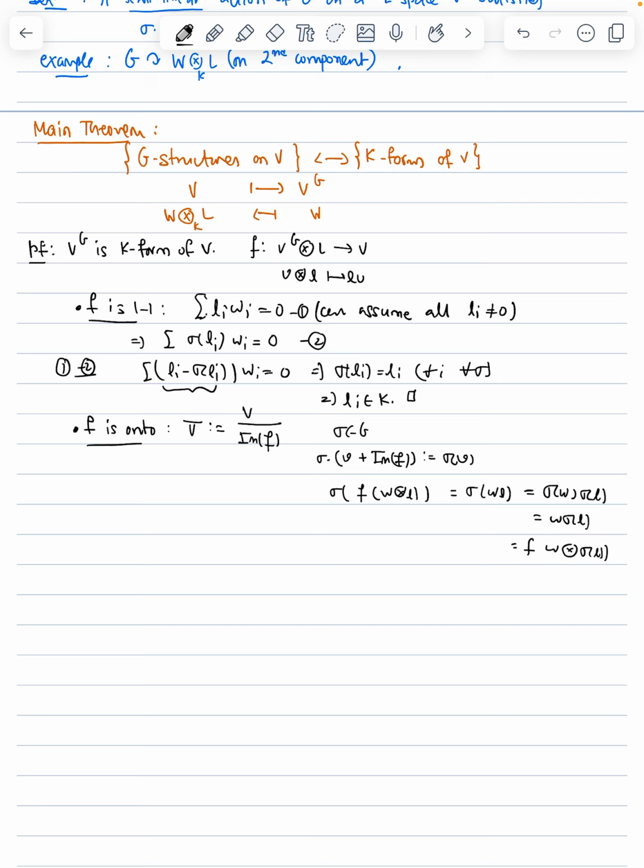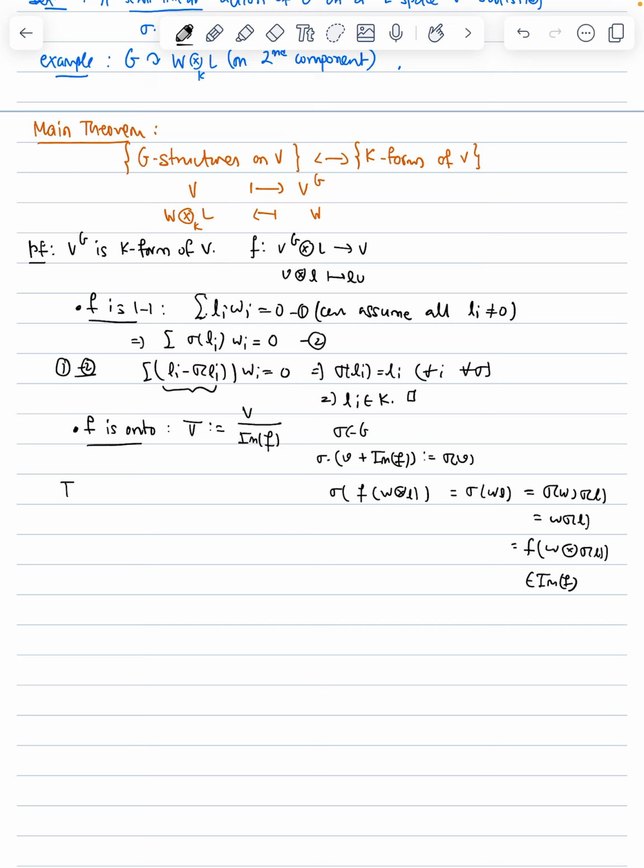So this is again an element in the image. So this is well defined, since sigma takes an element in the image to an element in the image. So you can factor through the co-kernel, and then it's just some computation. So we have defined a semi-linear G action on the co-kernel.